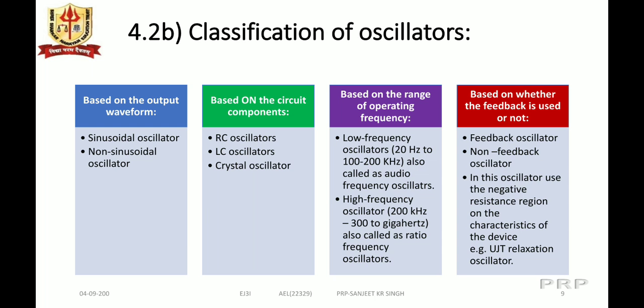Tunnel diode oscillator is an example of negative resistance oscillator.